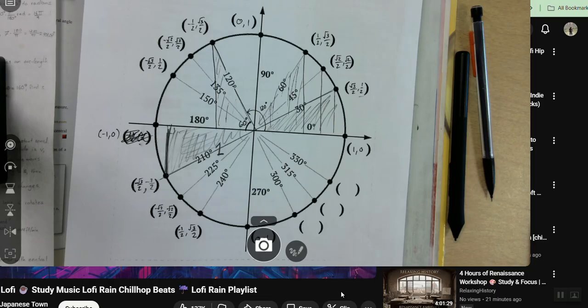Let's check the y values real quick. It starts at 1/2, right? 1. If you can do 3, 2, 1, and 1, 2, 3, you have the entire unit circle at your disposal. That pattern will work as long as you can pick out what's negative and what's positive in each of these quadrants. There's nothing else to it.